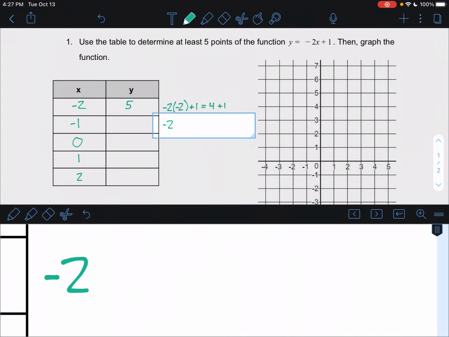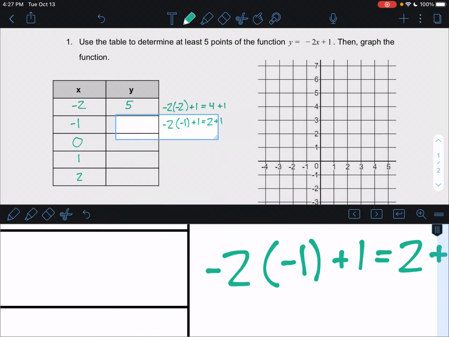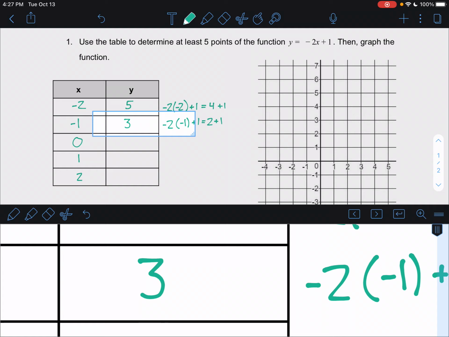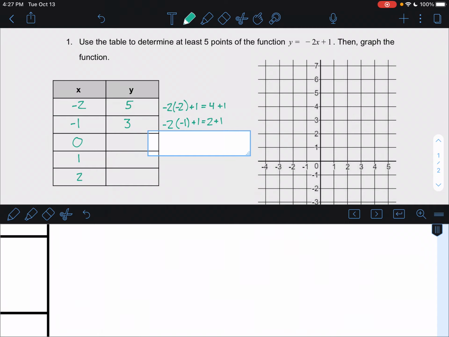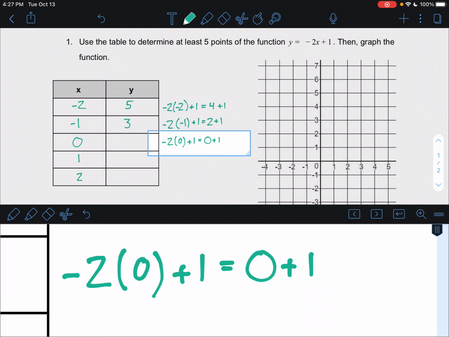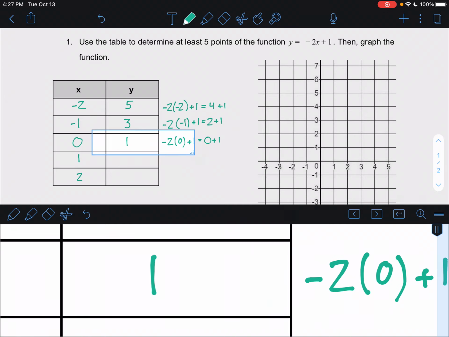I'm going to do the same thing, so negative 2 times negative 1 plus 1. Negative 2 times negative 1 is going to be positive 2 plus 1 is going to be 3. Next, I have negative 2 times 0 plus 1. Negative 2 times 0 is 0 plus 1 is going to be 1.